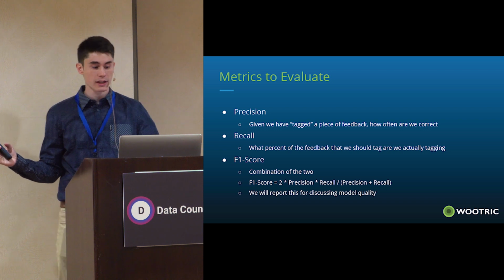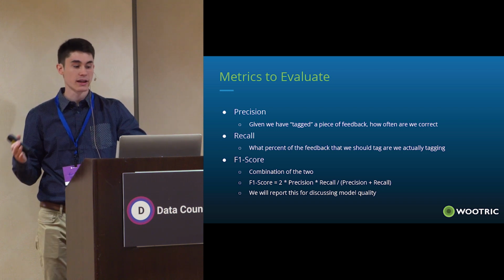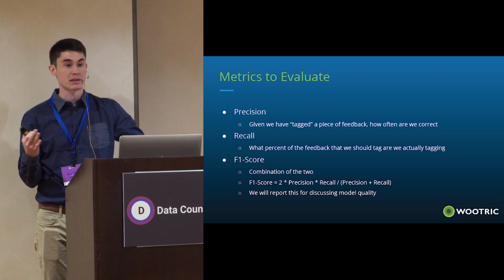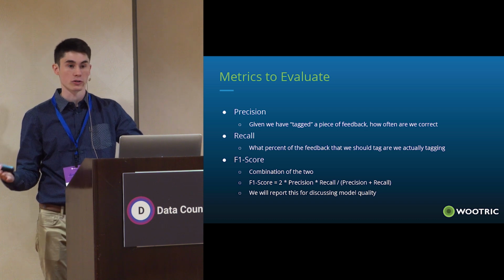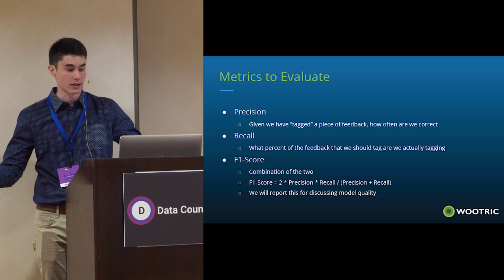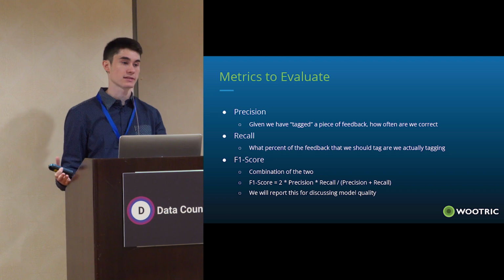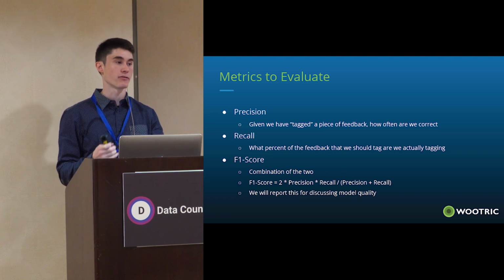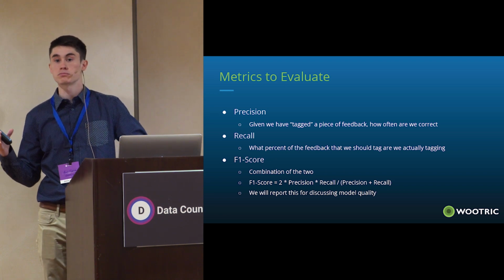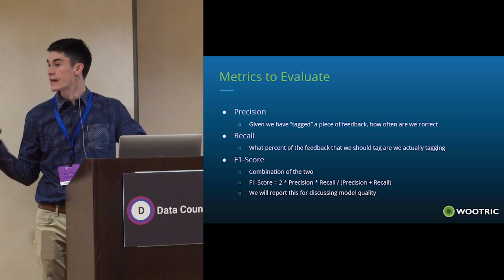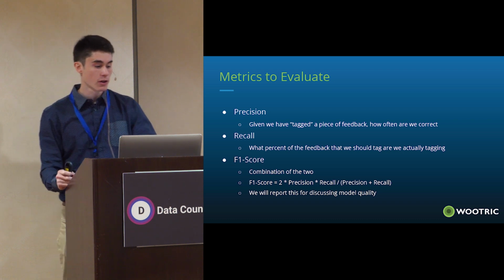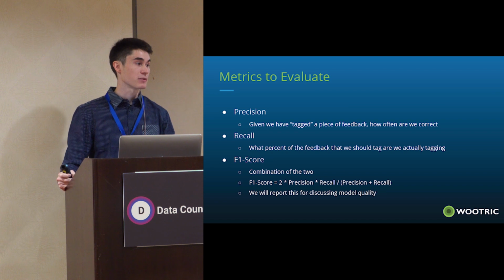So precision is in classification, given that we've tagged a piece of feedback in our case, or overall just tagged a piece of data, how often are we correct? So this is a measure of every tag, how certain are we that that should be applied by our model. Recall is what % of feedback that we should have tagged, we actually ended up tagging.